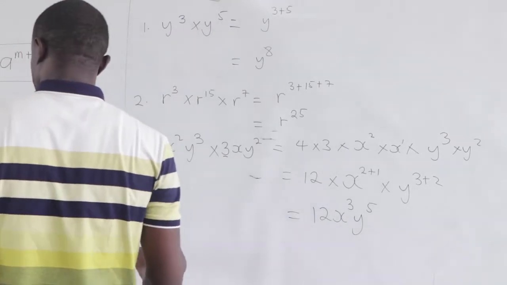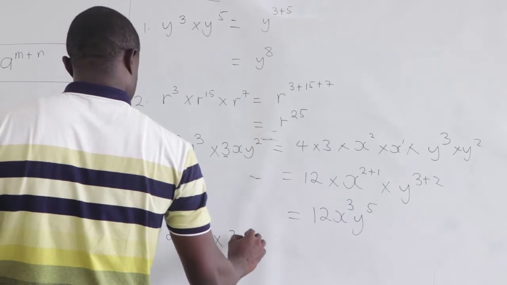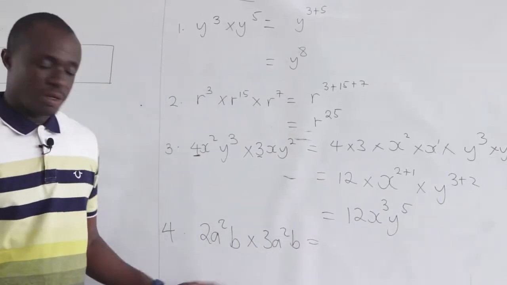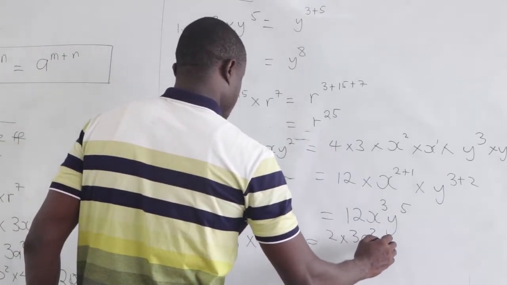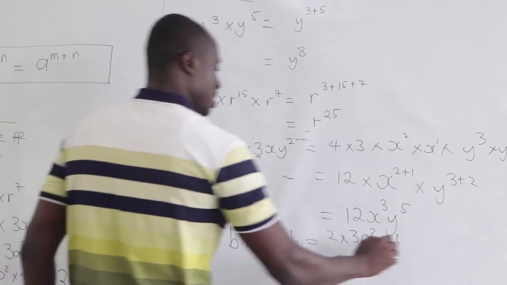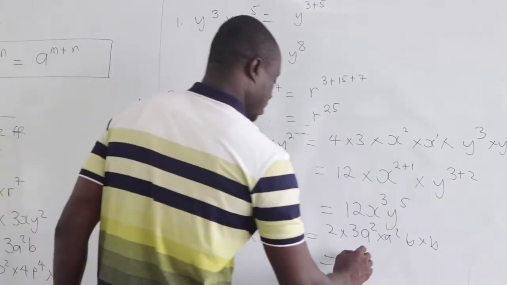Now let's see the fourth one. We have 2a squared b times 3a squared b. Actually 2 times 3, then a squared times another a squared, and then b times b. 2 times 3 is 6.